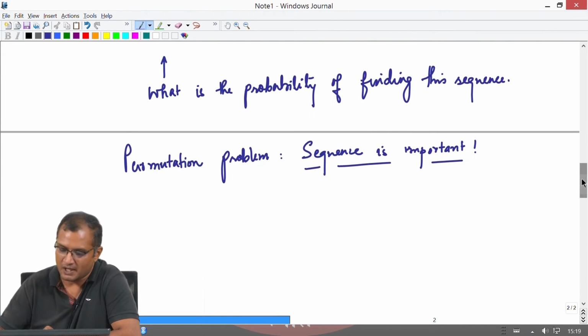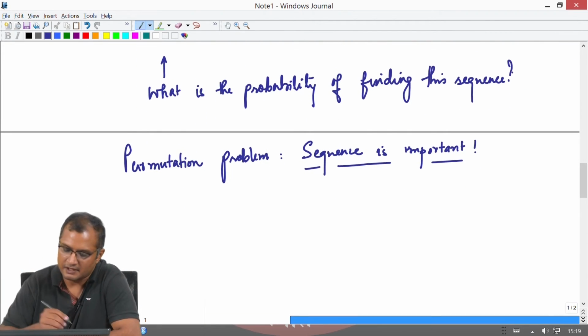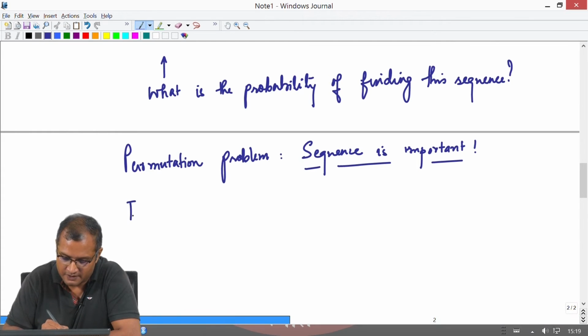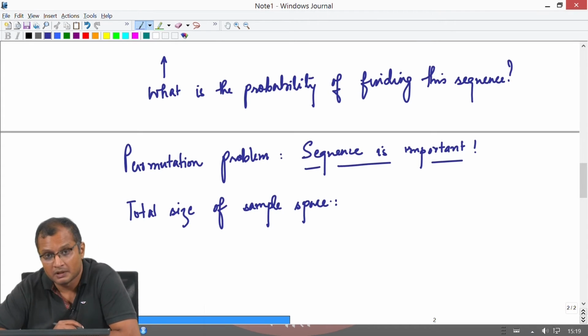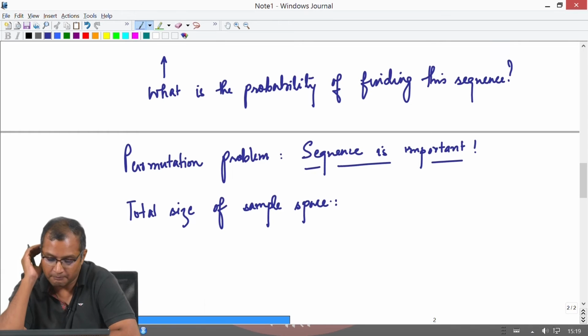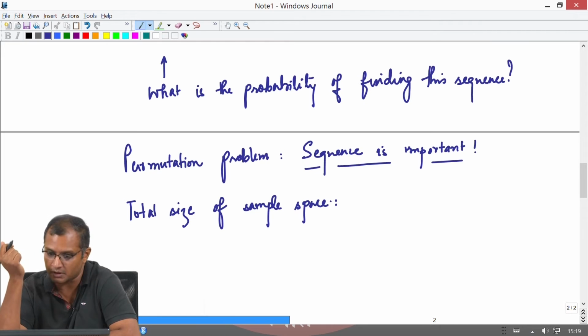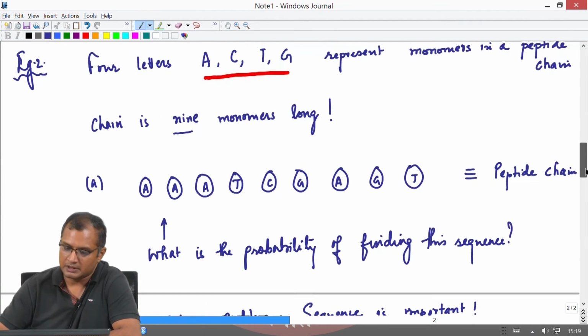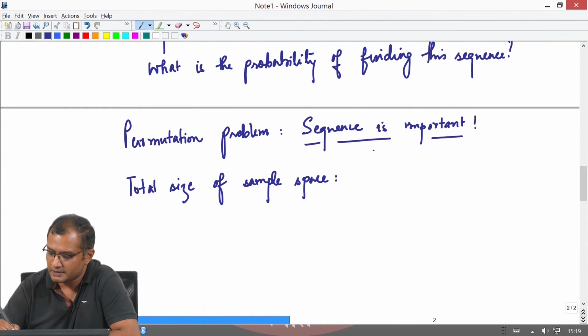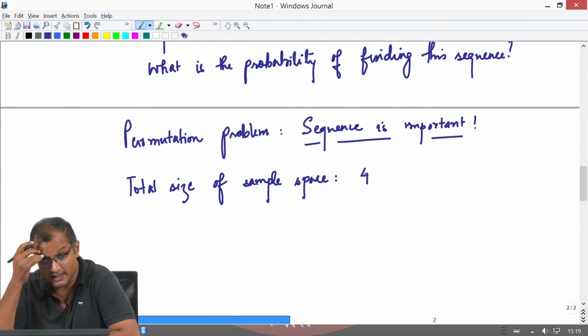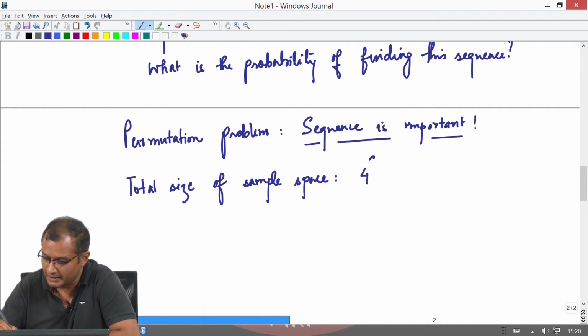And then to answer what is the probability of finding this sequence, I must first find out the total size of the sample space, which is the total number of sequences that are possible. Now, since there are 9 monomer units, each of them can be taken by these 4 monomers A, C, T and G, which means the total number of realizations that I can construct is 4 to the power 9.